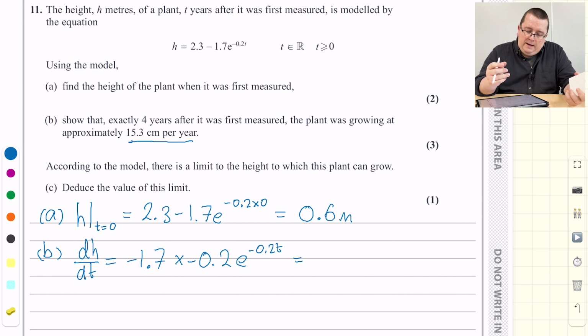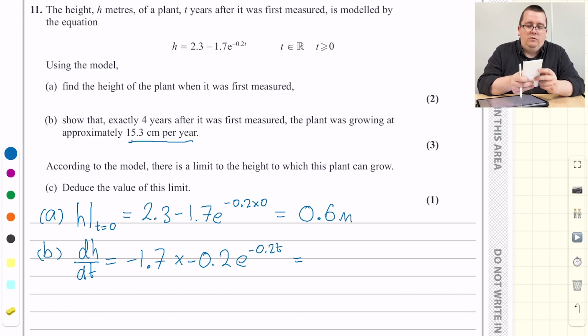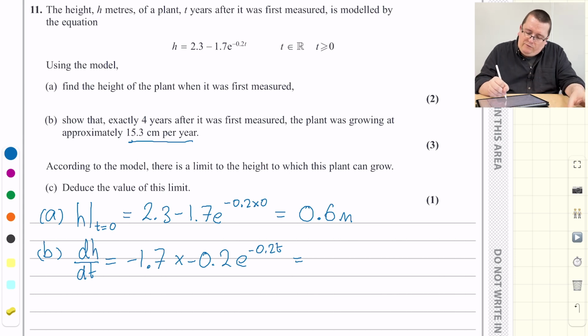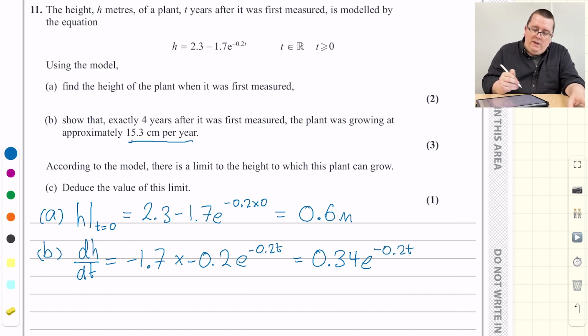So, what have we got there? We have 1.7 times 0.2, and that's 0.34. So we'll have 0.34 e to the minus 0.2t. So we want to show that exactly 4 years after it was first measured, so we want to substitute t is 4 into this.